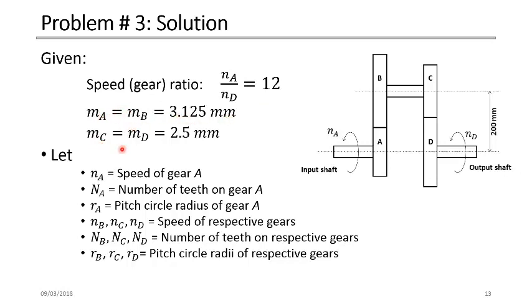The module MC is equal to the module MD, which is 2.5 millimeter. And small na here is the speed of gear A. Capital NA is the number of teeth of gear A, and small rA is the pitch circle radius of gear A, and so on. This is similar for the rest of the gears, just changing the subscript.